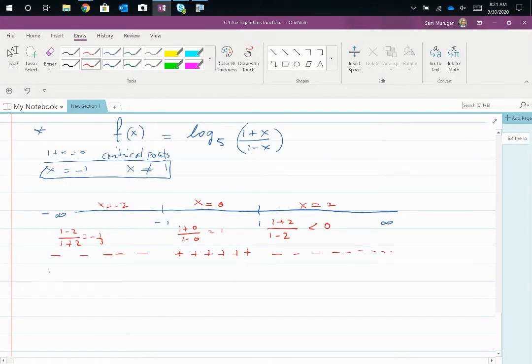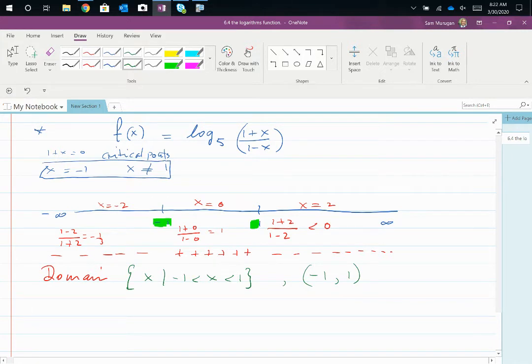So the domain is between -1 and +1, that interval. All x such that x is between -1 and +1, or in interval notation from -1 to +1.